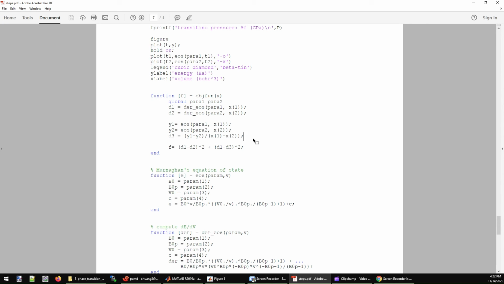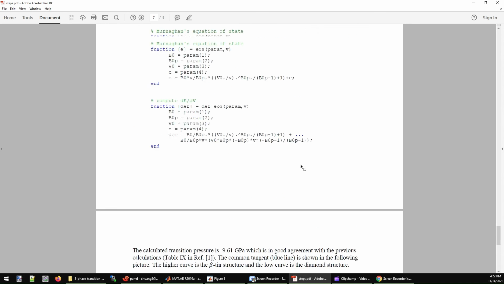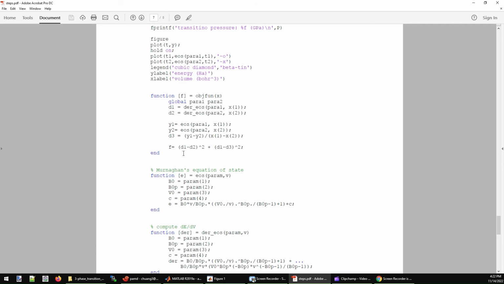So the idea is that if we have the common tangent between these 2 curves, then the tangent here, the tangent here, and the tangent through the finite difference between these 2 points should be the same. That's why the objective function is defined as (dy minus d2) squared plus (dy minus d3) squared.